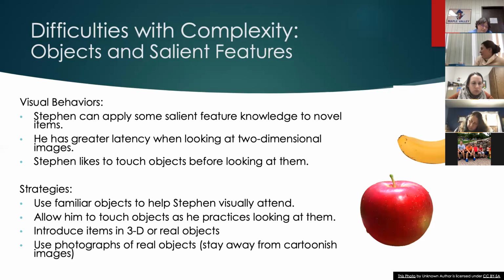But for a child with CVI, that is going to be harder to make sense of, because it's abstract. And we don't think about it that much that way. We expect kids to just enjoy that right off the bat. Well, some kids, when they're looking at things like that, they're not even understanding what's in front of them because it's too complex. Does anybody have any questions on any of this so far?